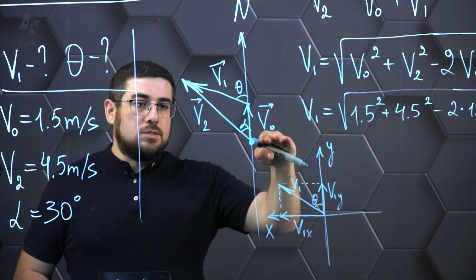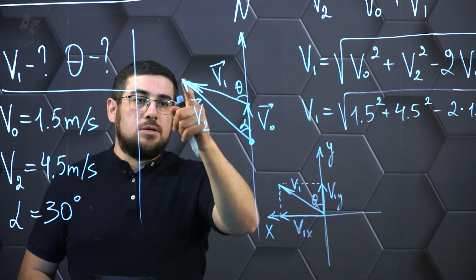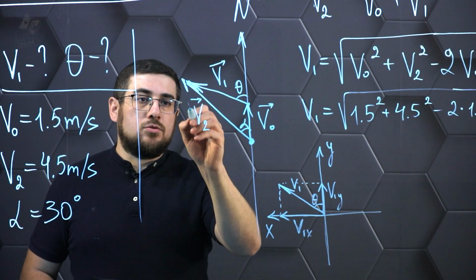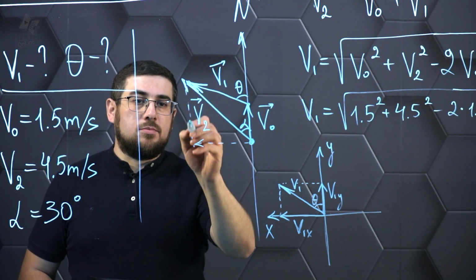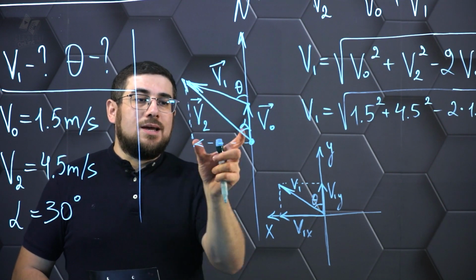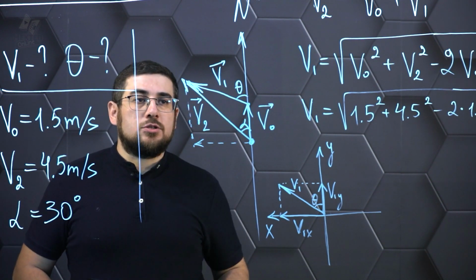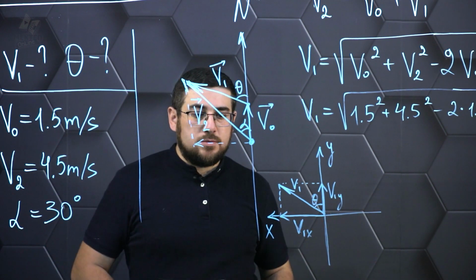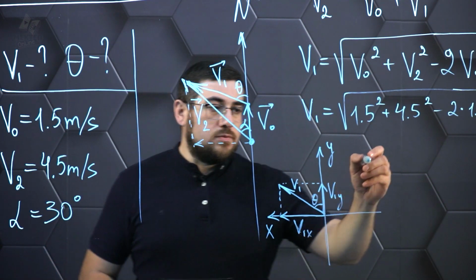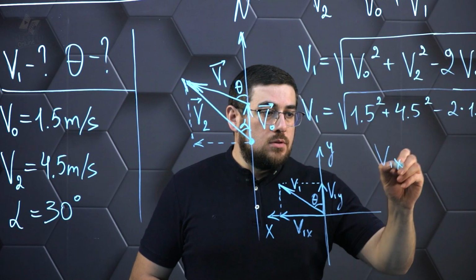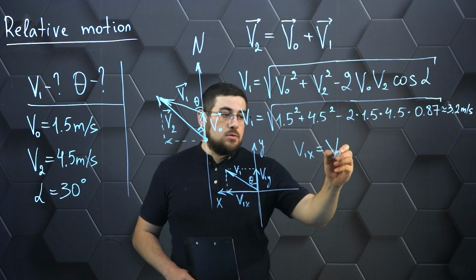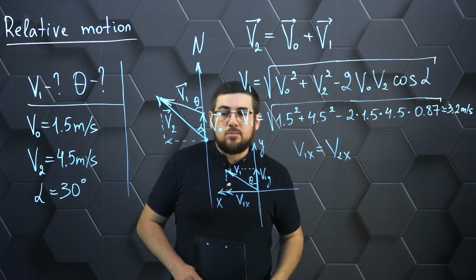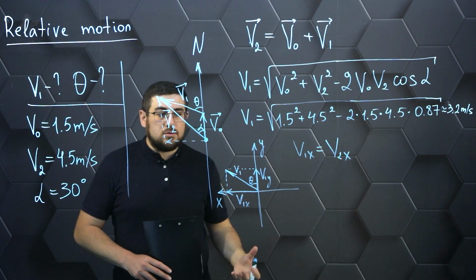If we look at the x component, we get only one component, of the vector v2. I pay attention to this perpendicular that we missed, and it is also a component for the velocity v1 along the x-axis, so we can write that v1x is equal to the component v2x, because we don't have any other vector components along this direction.